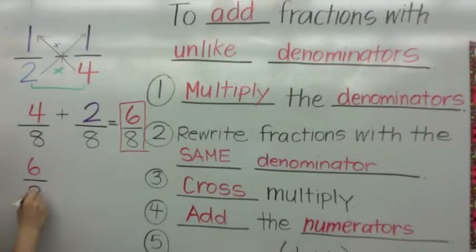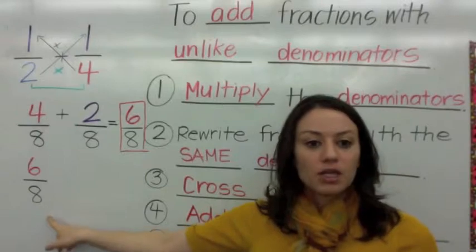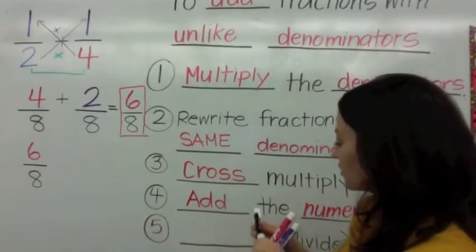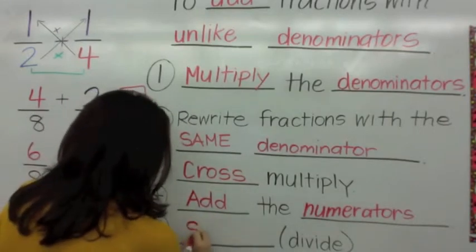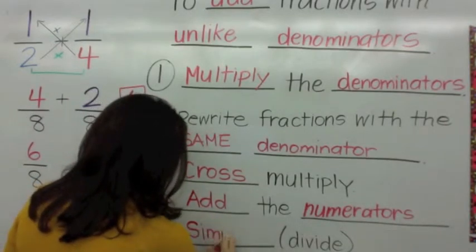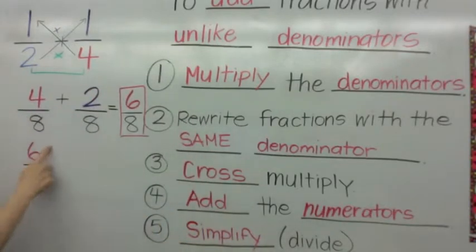But now I have a question. Can you simplify this fraction? Can you simplify it to make it smaller? Because that is the last step. Step number 5 is to simplify. So remember, they're both even numbers, right? 6 is an even number and 8 is an even number. So what could I divide both the numerator and the denominator by?